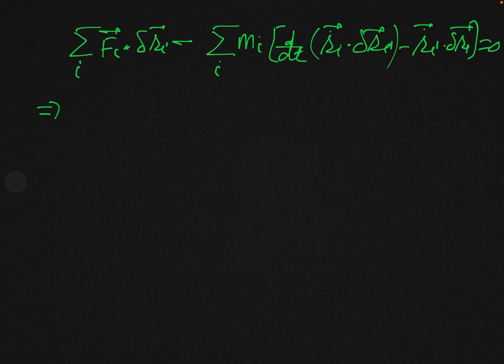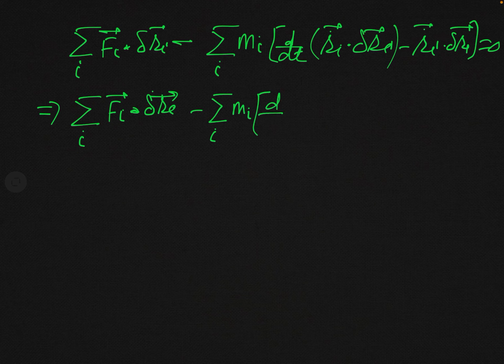Now we will simplify this equation a little bit. You can see here, the first term I am just writing again: summation over i Fi dot delta Ri and minus summation over i Mi.